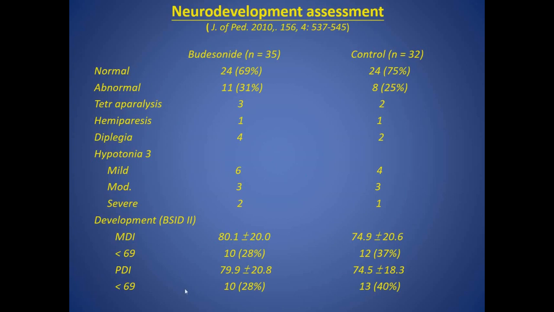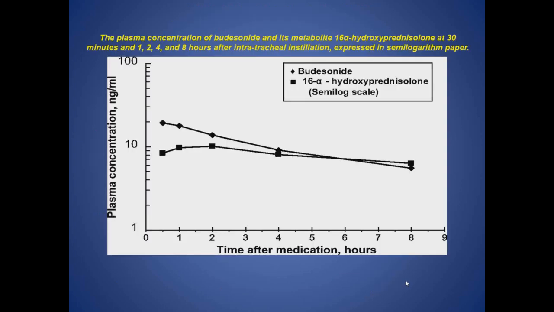For PDI also, for those less than 69, 28% in the intervention group seems a little high, but the number is so small that it's actually not statistically significant.